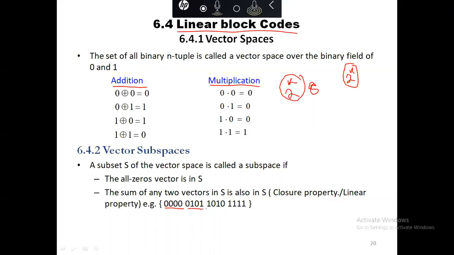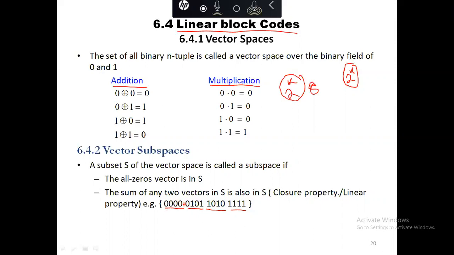And for example, if I choose these 4 codes from these 16 combinations, what is the criteria for that? That they have closure property over addition. It means that if I sum up the first 2 code words, what will happen?